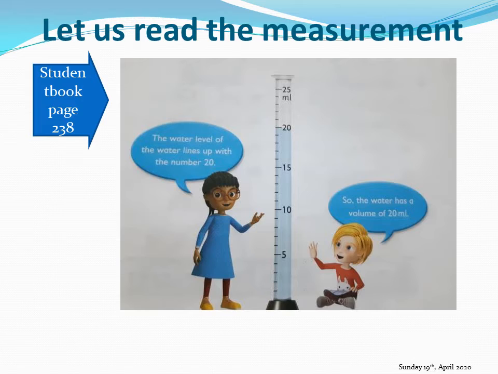The blue color you see there represents the water. So it means the water is 20 milliliters. What's the quantity of water in this little container? It is 20 milliliters. That's how we read the measurements.